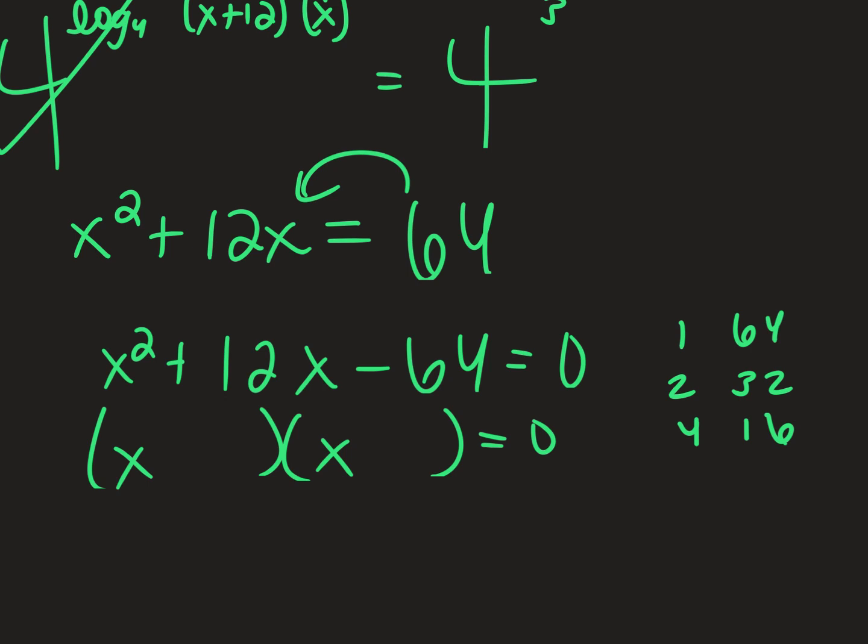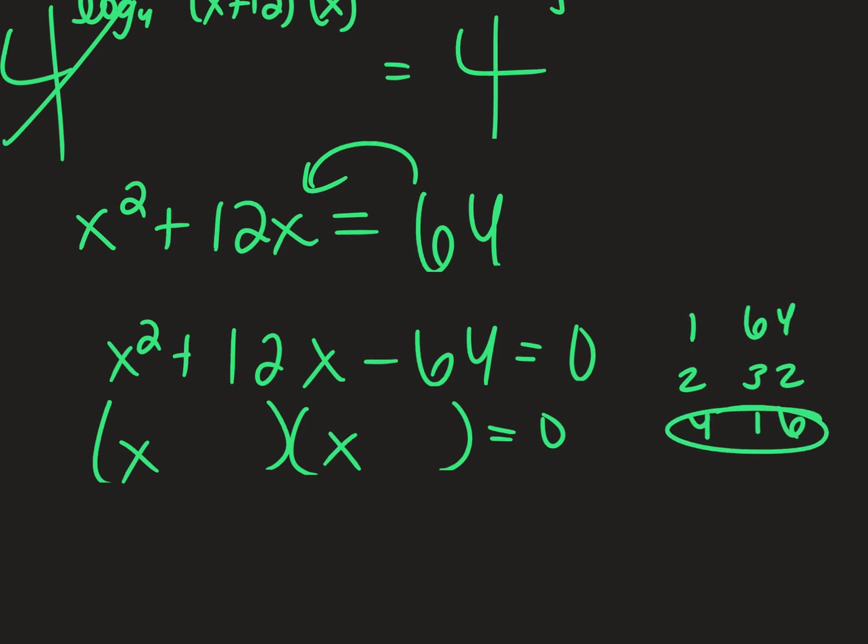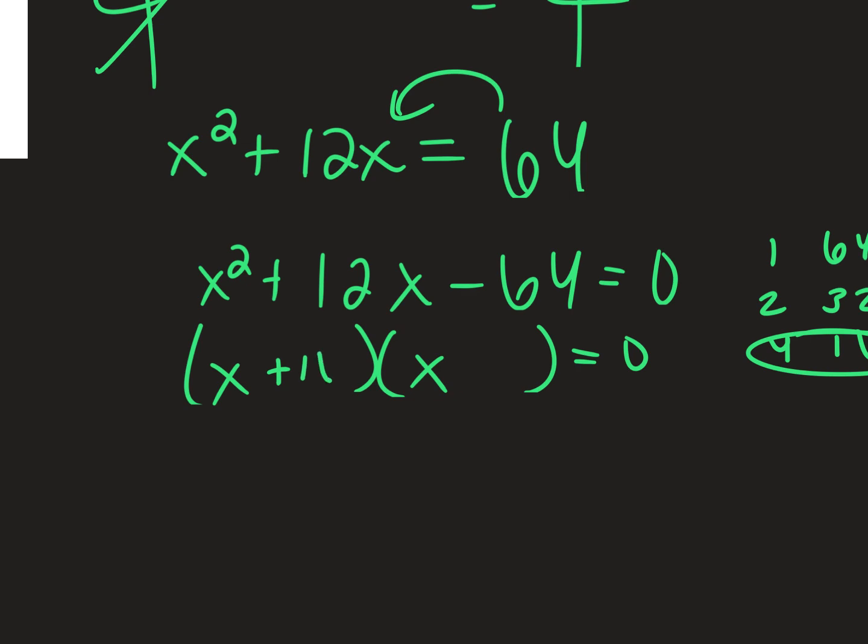What's 16 minus 4? Woohoo! We found it. Okay, so it's plus 16 or minus 16? What is it? I need a positive 12 in the middle. So plus 16 minus 4? Okay. So I get x equals negative 16 and x equals positive 4.